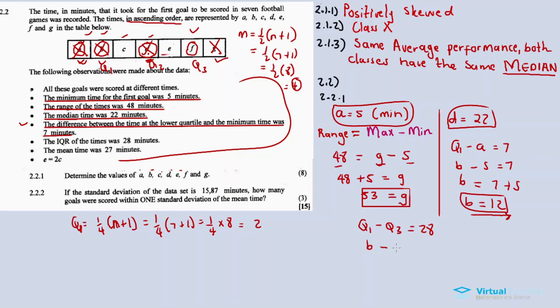So Q3 is F equal to 28, and then B is 12 minus F equal to 28. Let us make F the subject of the formula.